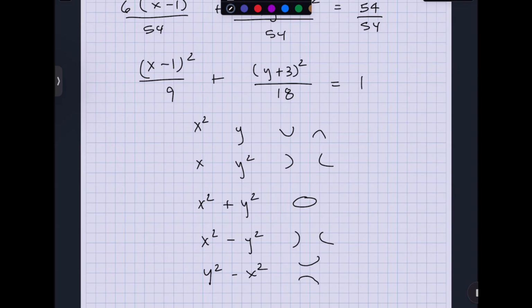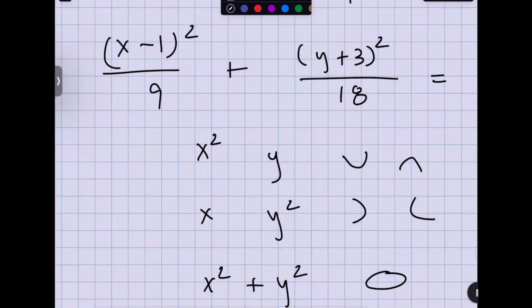Because if you think about the equation of a circle, that's x squared plus y squared. The only reason why it's an ellipse is because of the denominators. It's the denominator that makes an ellipse. Without the denominator, it's just a circle.